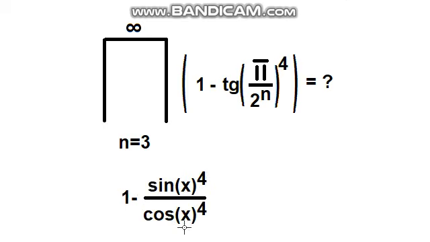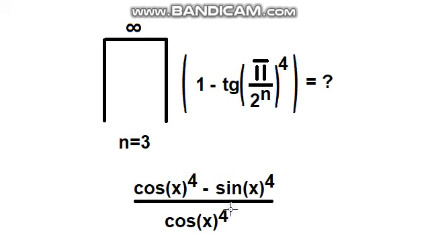And you can see one distinct thing: here we can get cosine to the 4th power minus sine to the 4th power. Then you can ask me what we do next. Let's suppose it is a, it is b. A minus b equals 0 when a equals b.